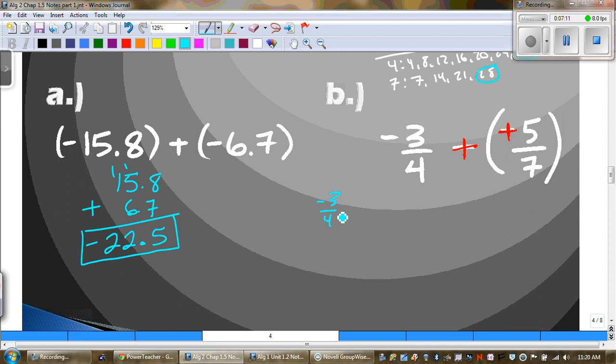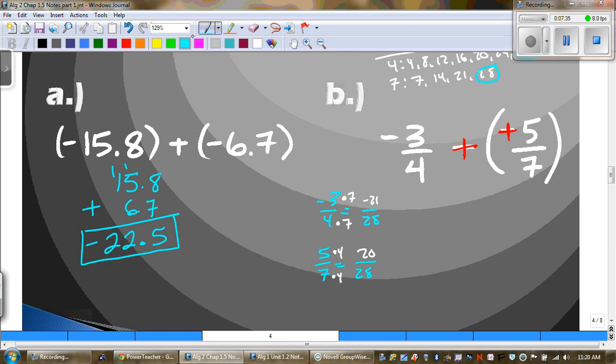So what we're going to do is change each one of those. -3 over 4 equals something over 28. And 5 over 7 equals something over 28. You have to know what you multiplied each one of those by, and that's where we get -21 and 20.